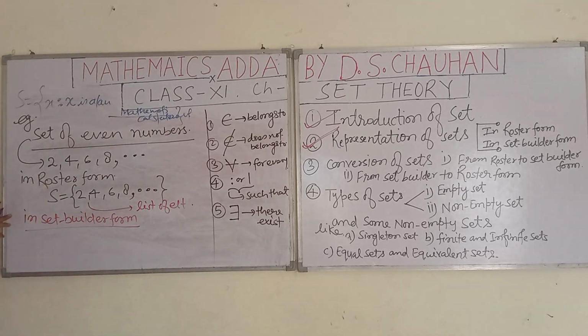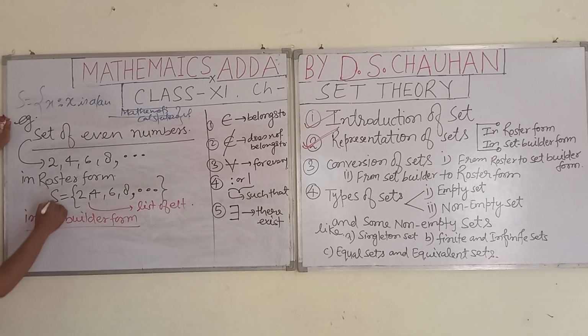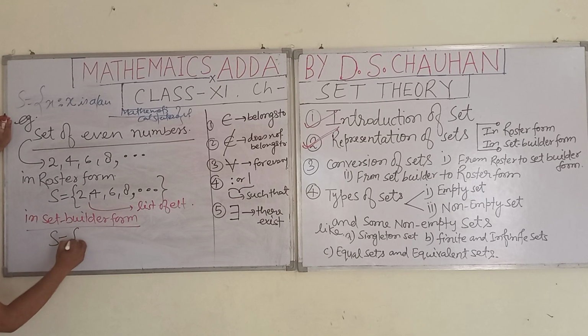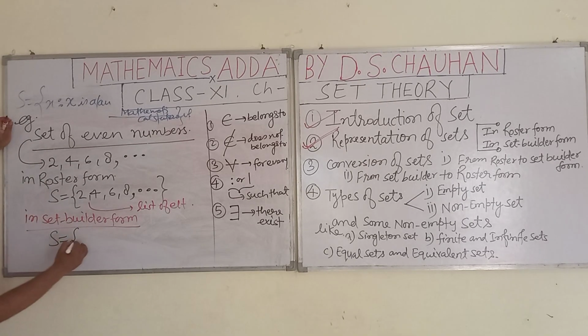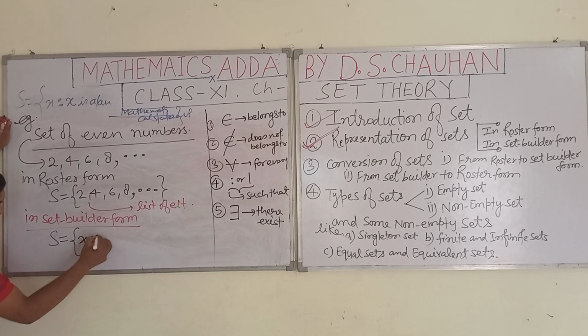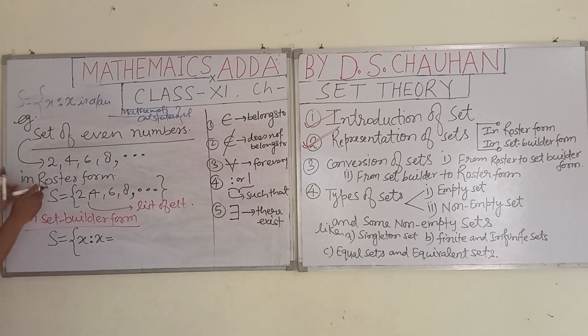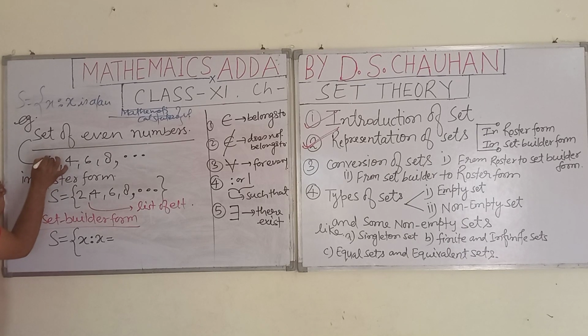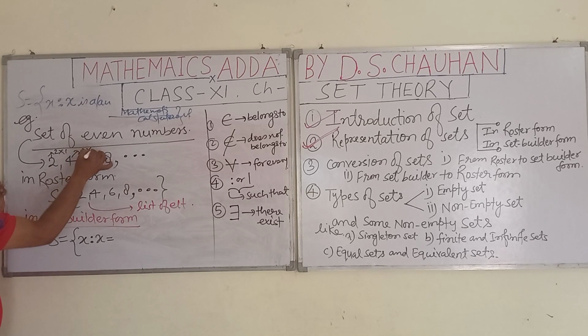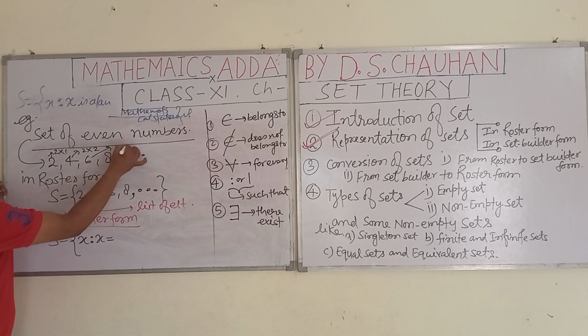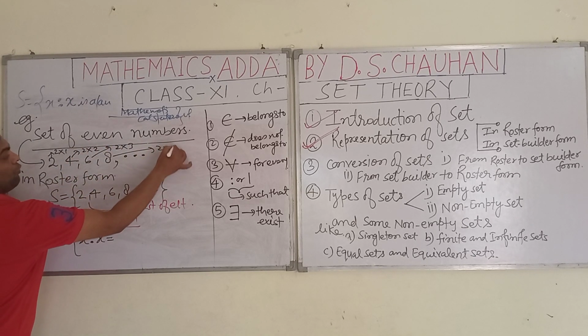Okay students, keeping this in mind, what can we write for the same set? S equals x such that x equals, if you look clearly, this 2 can be understood as 2 into 1, this is 2 into 2, this is 2 into 3, this is 2 into 4.